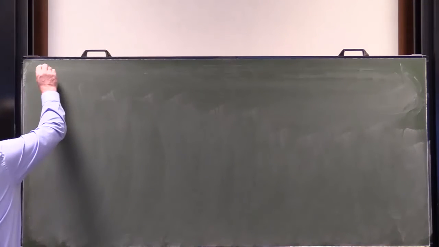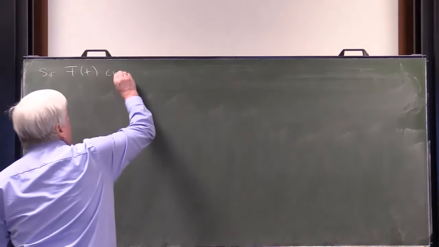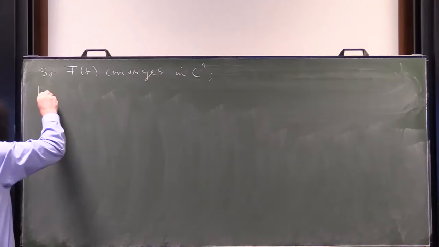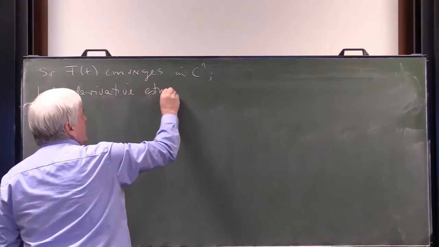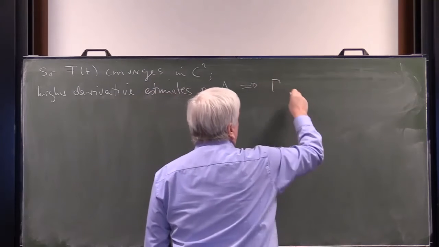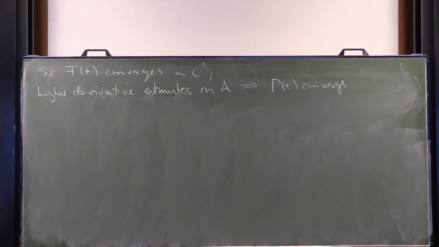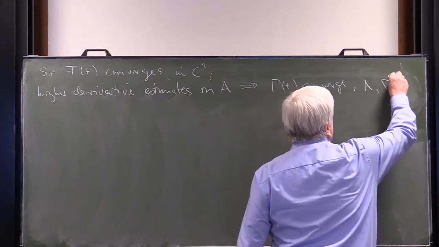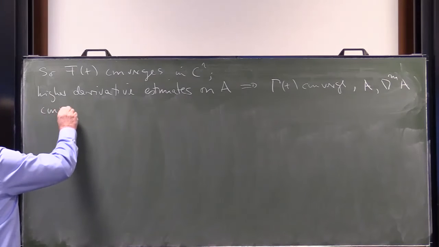So f(t) converges, at the moment in C1, and then higher derivative estimates on A show that the Christoffel symbols converge, and the second fundamental form and all the derivatives, first by Arzela-Ascoli, converge.